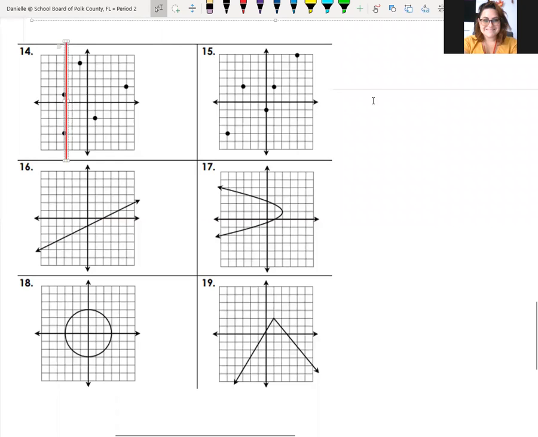Here I do. Notice, when I put it there, I cross here and here at the same time. And since it is vertically aligned, that means that this is not a function.